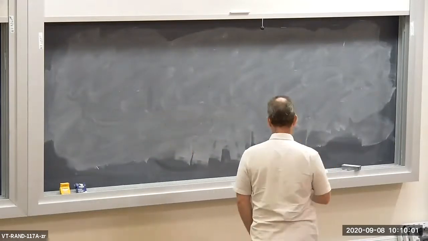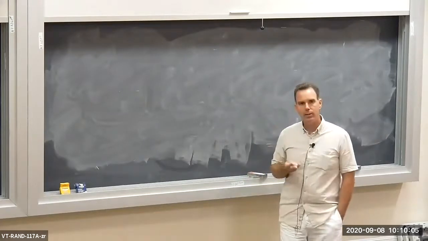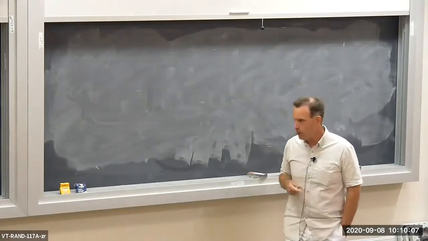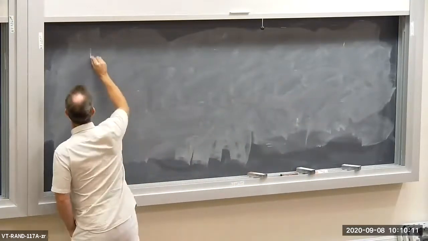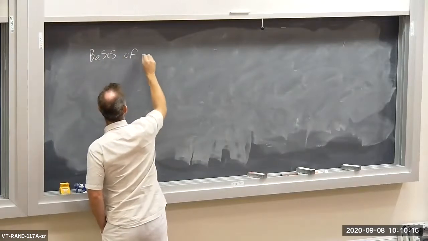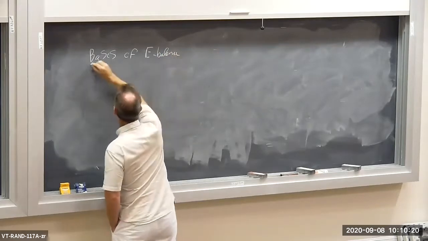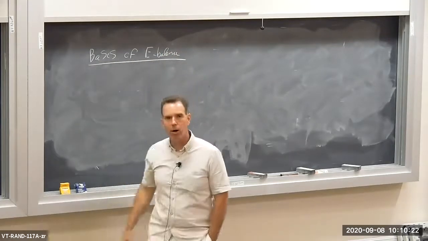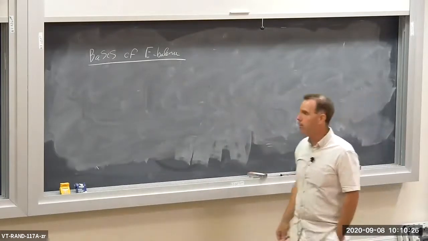We had an infinitesimal process, so we had del Q. We had a rate base, which is del Q over dt. There are many ways to write the energy balance. So basis or bases of E-balance. There are a lot of different ways to write the energy balance, and depending on the problem you're working on, one may be more applicable to the problem than the others.